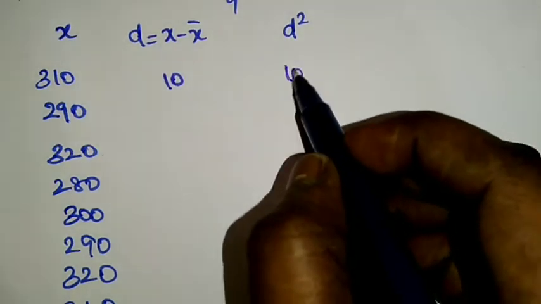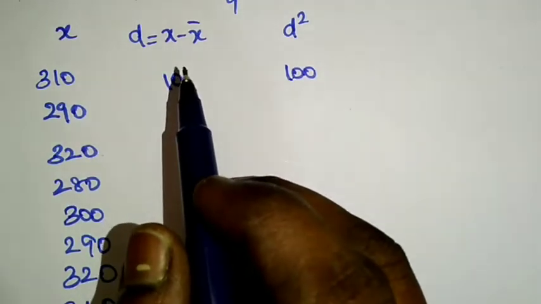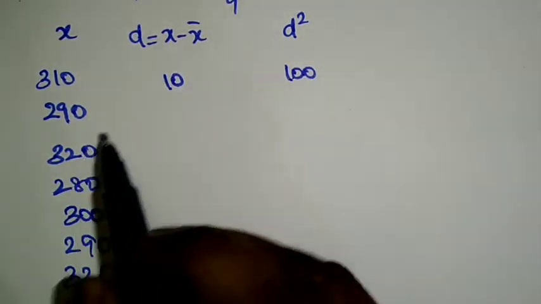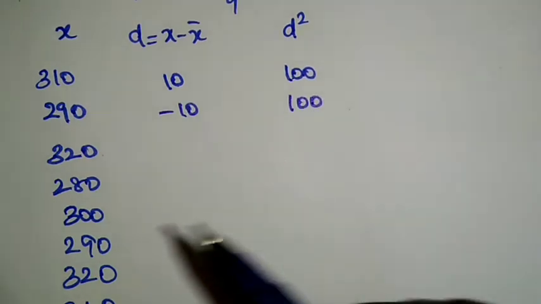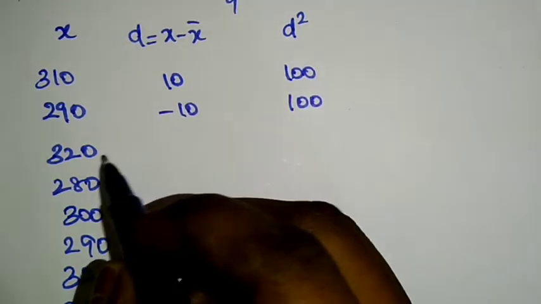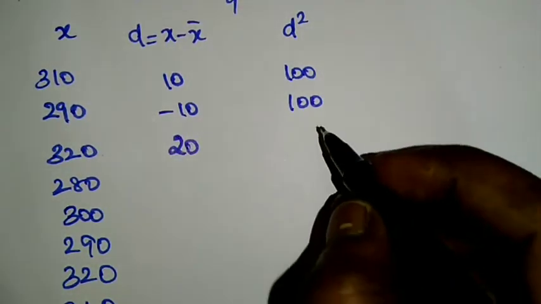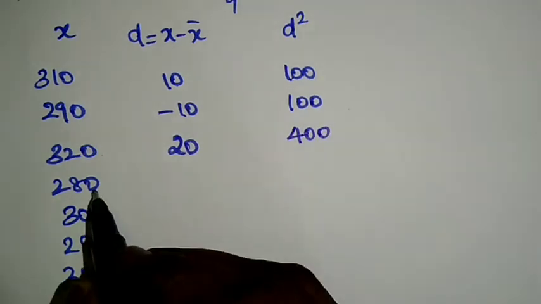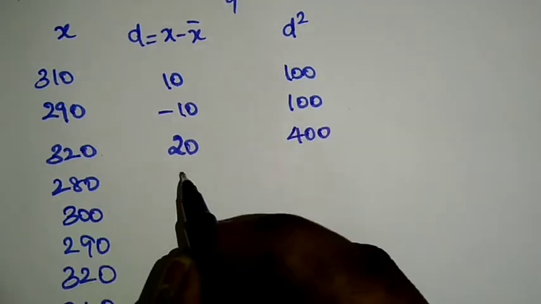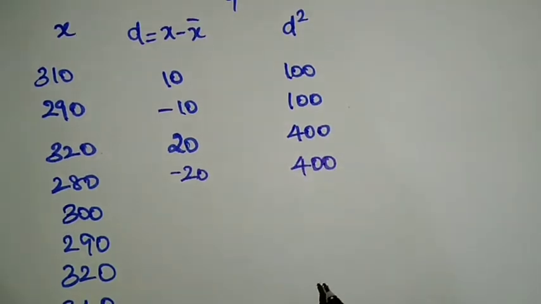Here 310 minus 300 we get 10, so 10 square is 100. 290 minus 300 is minus 10, so minus 10 square is 100. 320 minus 300 is 20, so 20 square is 400. 280 minus 300 is minus 20, so the square is 400.